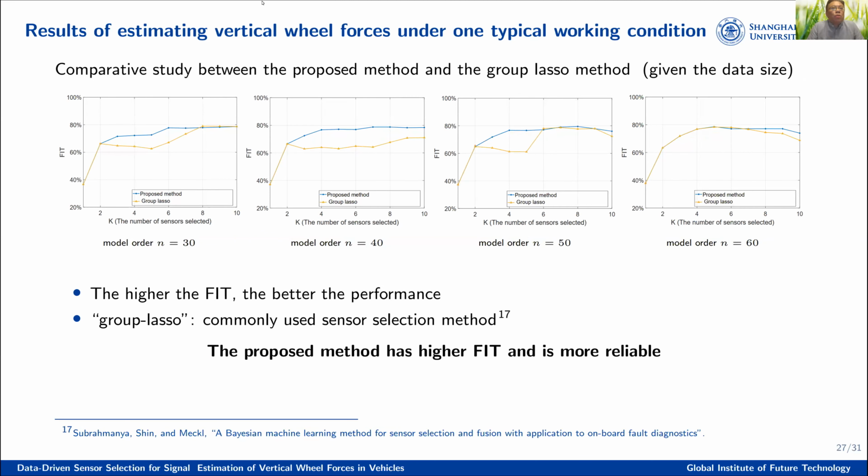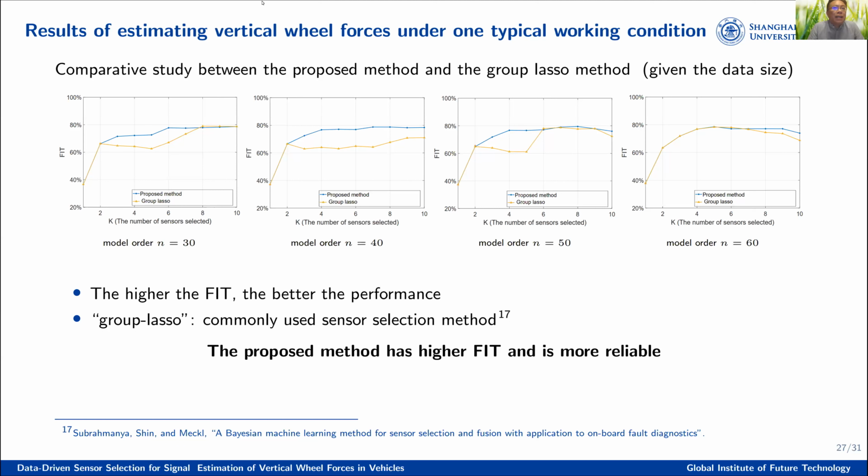And we also consider the system having different orders. For example, we can have different FIR models, different orders of FIR models, like n from 30 until 60. Of course, the higher the order, the more complex the model itself, but there will also be more parameters to select.